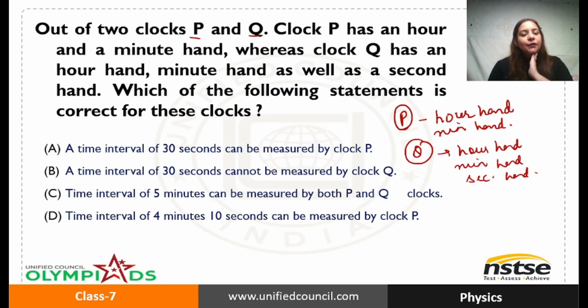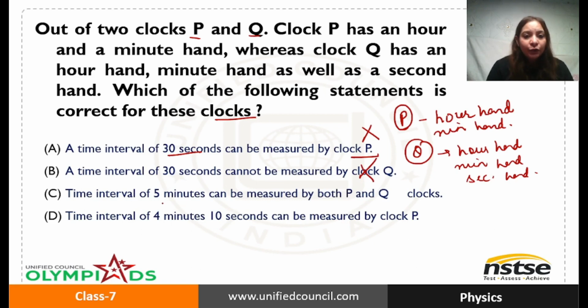Now what we need to make out? Which of the following statements is correct for these clocks? Option A says a time interval of 30 seconds can be measured by clock P. No, it can't be measured because it doesn't have the second hand. A time interval of 30 seconds cannot be measured by clock Q. Again, no, because it can measure since it has got a second hand.